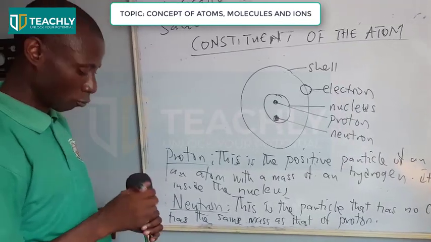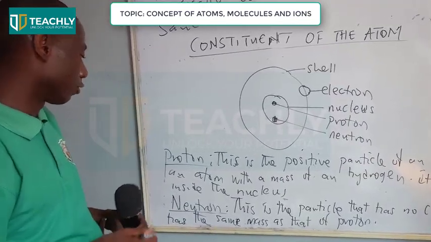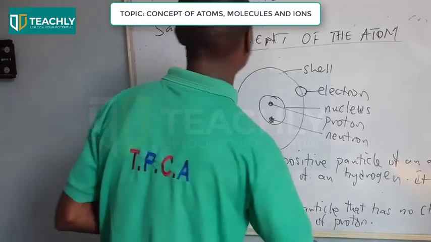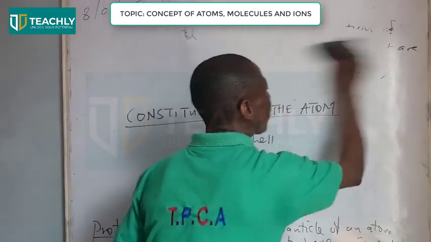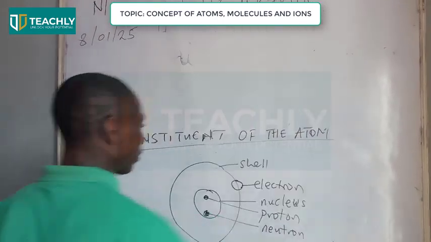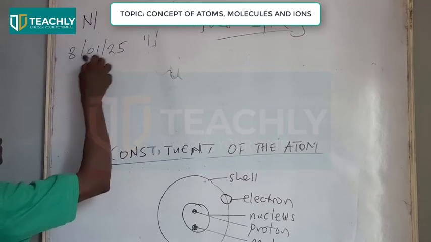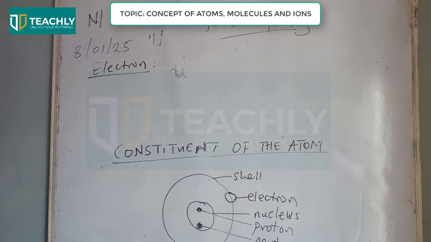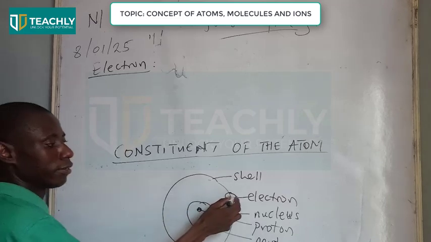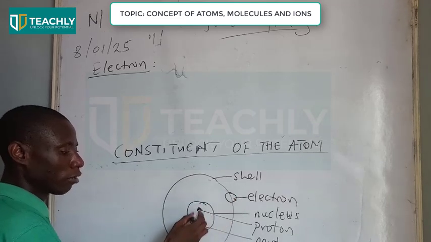While the last part of it is the electron. Let's look at the electron. The last particle of an atom is the electron. You can see the electron is outside, while the proton and neutron are inside.